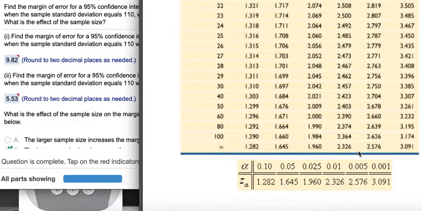The degrees of freedom of infinity row is actually the z-score, because remember in the video for chapter 8 when we talked about the t-curve, it gets closer and closer to the z-curve the more data that we have. So we're essentially just going to use the z-score.